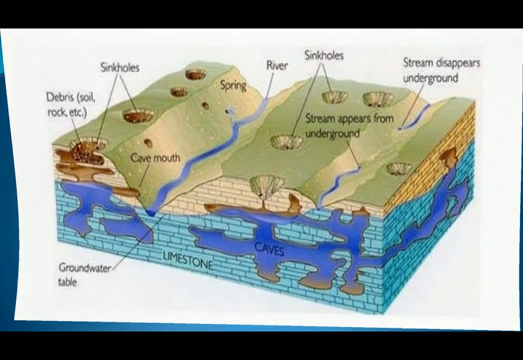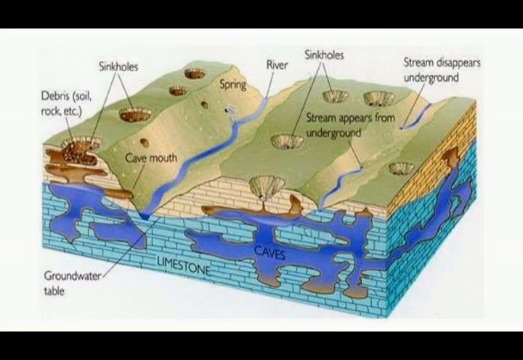But first, I want to show you this diagram here. And this diagram basically is bringing us back a little because I want to show you what we have looked at already. We have looked at sinkholes, and we have seen where some sinkholes are formed when the roofs of caves collapse.